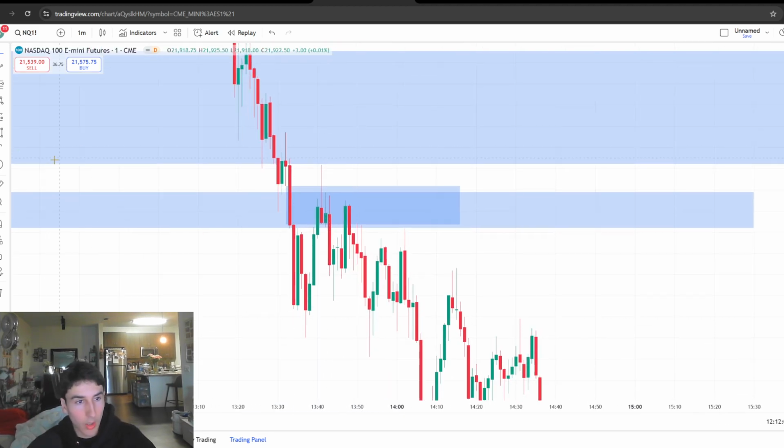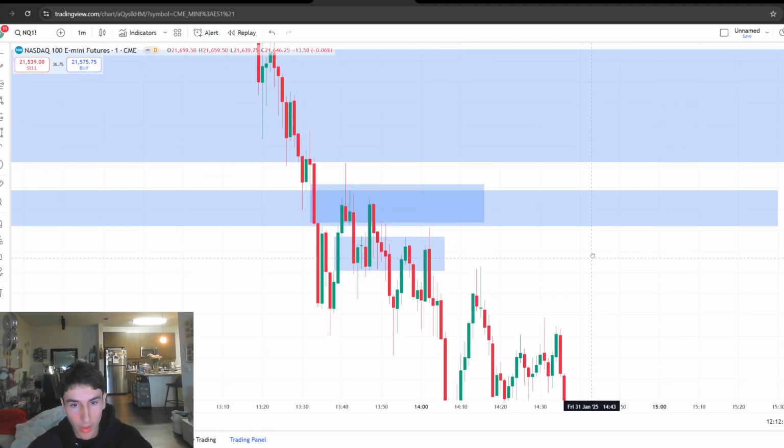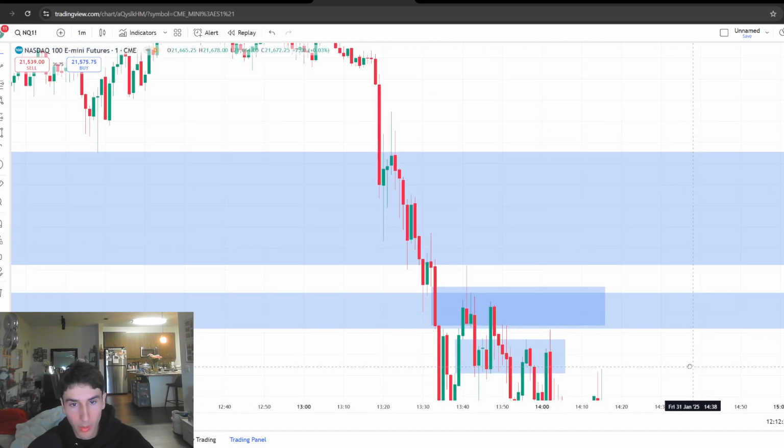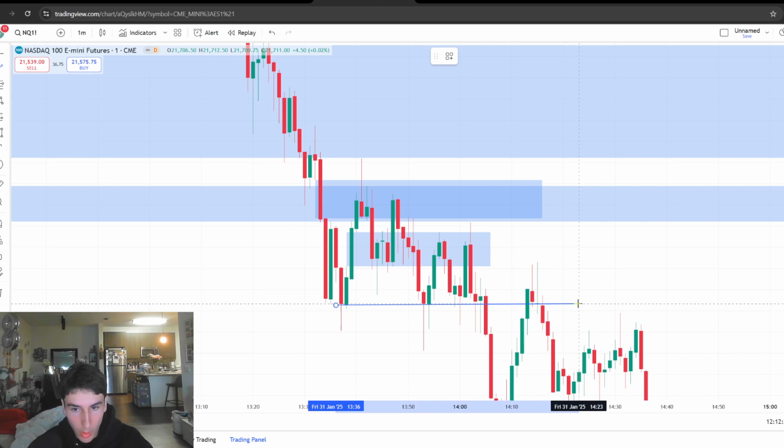Now, what do we want to see next? We have a bullish gap right here. We want to see this get invalidated. Okay? We want to see that get invalidated. And then, again, what was the last leg up before this move down? Right here. We want to see a candle closure below here.